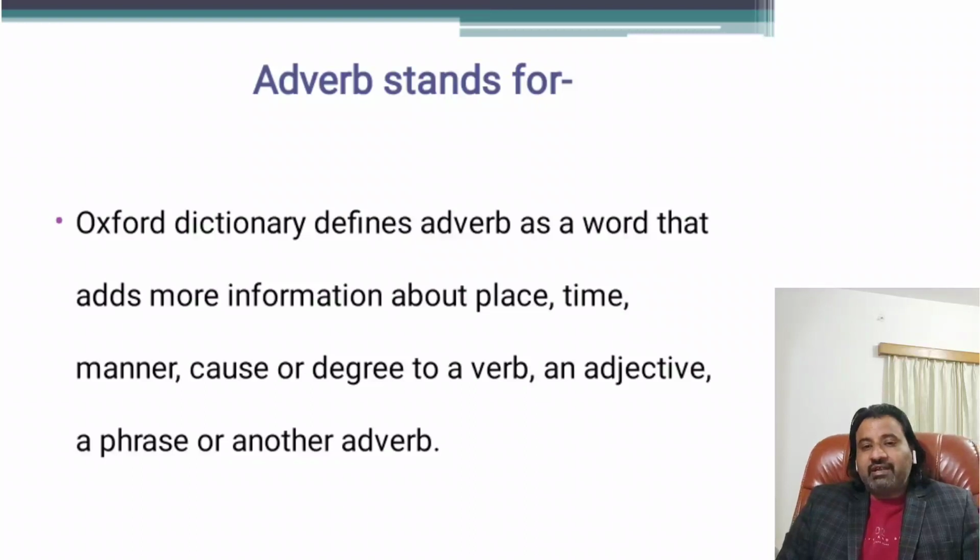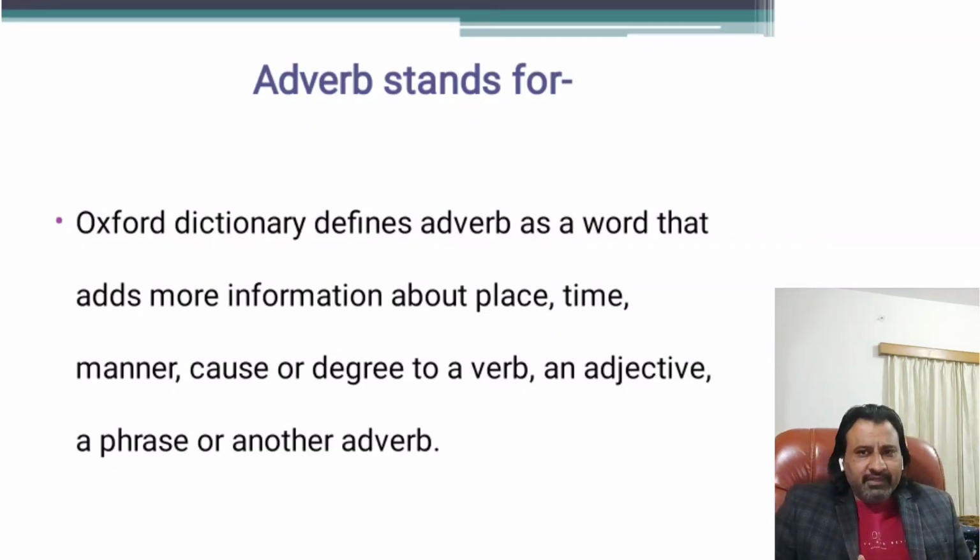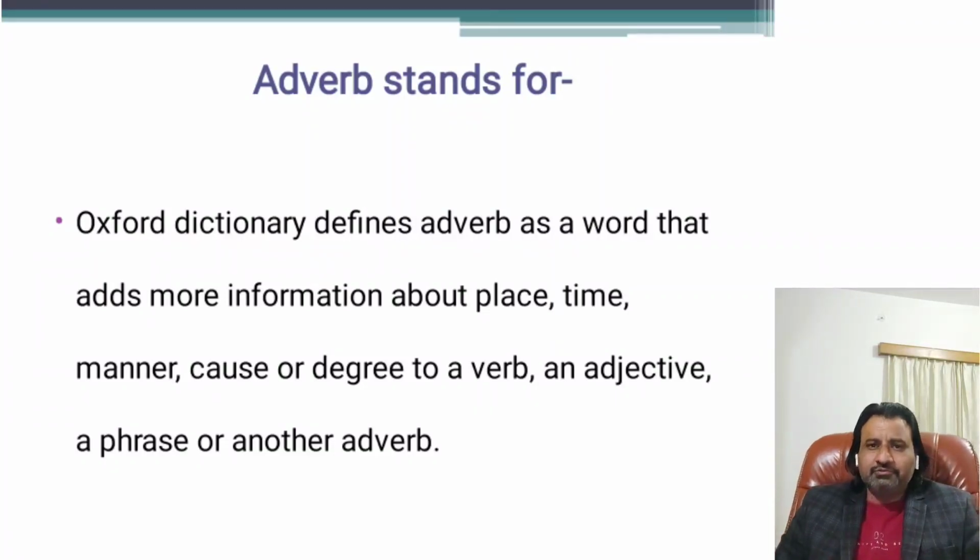As far as the meaning of this word is concerned, an adverb modifies the meaning of an already used verb. It can modify the meaning of an adjective. It also modifies the meaning of another adverb.